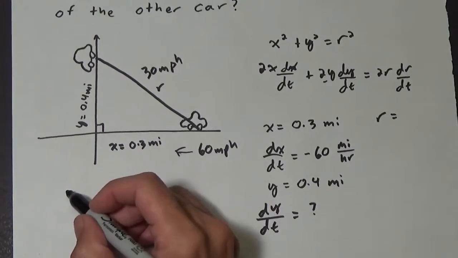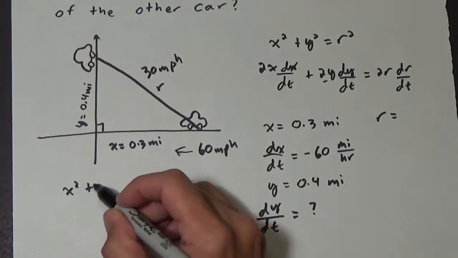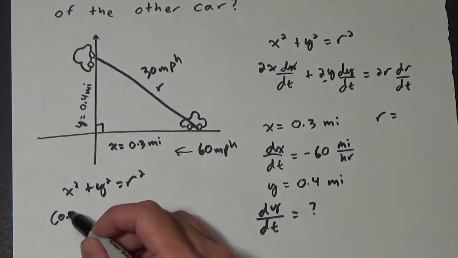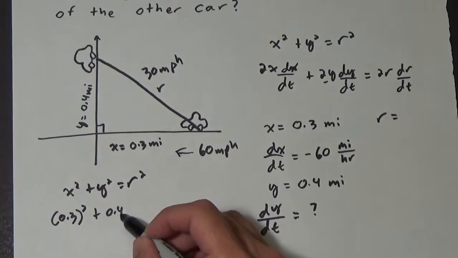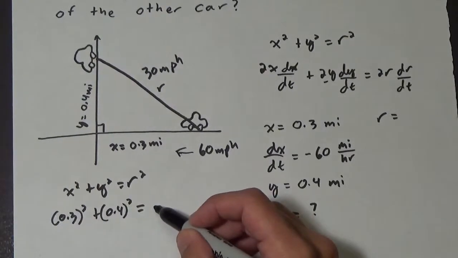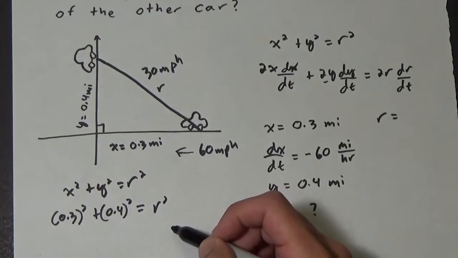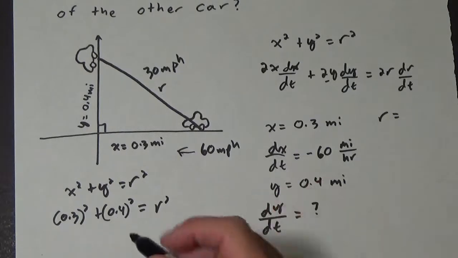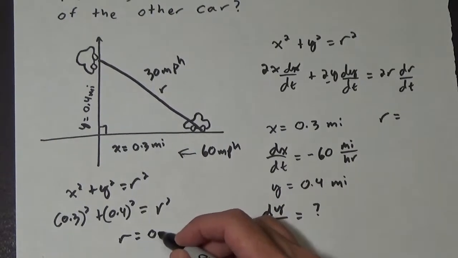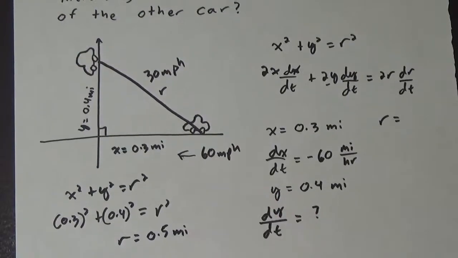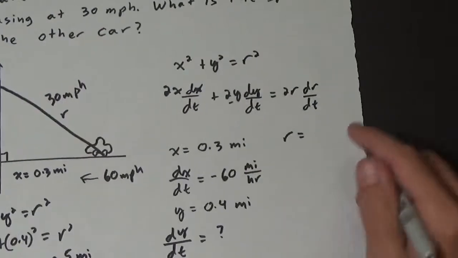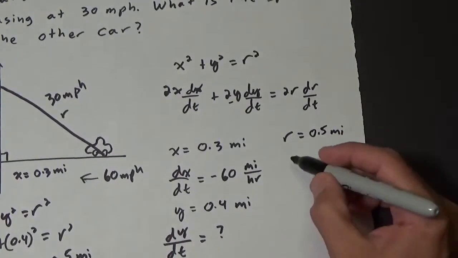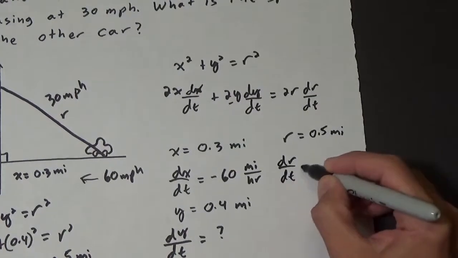But we can use the Pythagorean theorem: x squared plus y squared equals r squared, so 0.3 squared plus 0.4 squared equals r squared. You could go through the calculation, but I'm noticing that this is a 3, 4, 5, so r has to be 0.5 miles. So I'm going to put that down: 0.5 miles. And then we need dr/dt.